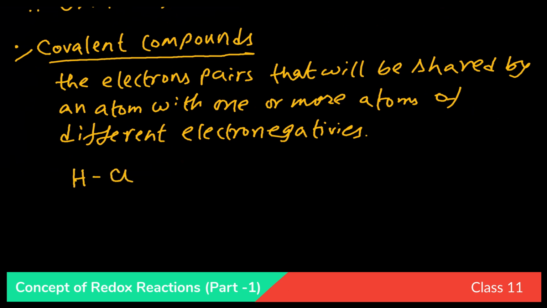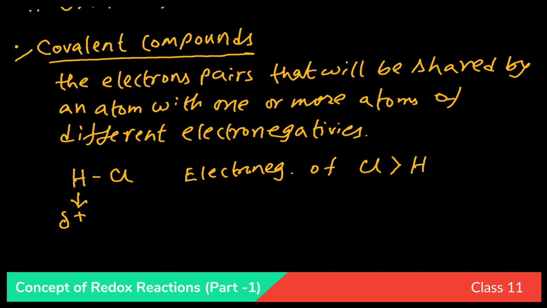HCl molecule is formed via covalent bond formation between hydrogen and chlorine. Now we all know that electronegativity of chlorine is greater than hydrogen. So what we can assign from here is hydrogen will carry some delta positive charge. Delta means it can have any charge.